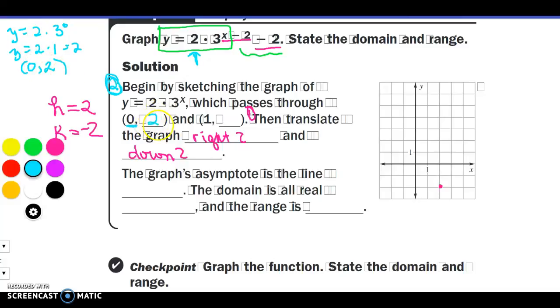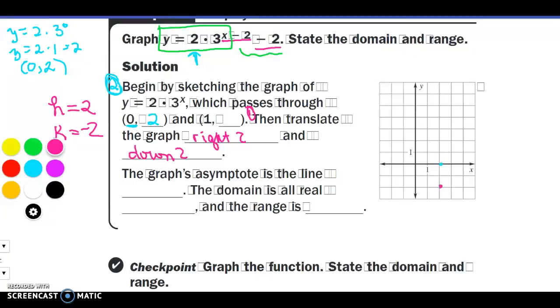So our point is 0, 2. But I'm going to graph that beginning at my hk point, this red point right here. So I'm going to go 0 left to right and up 2. Okay, remembering that this point down here, our hk point, is kind of like our origin for this problem.